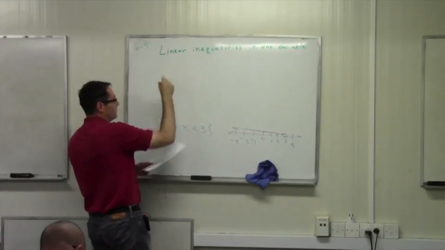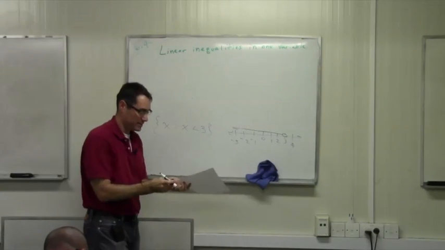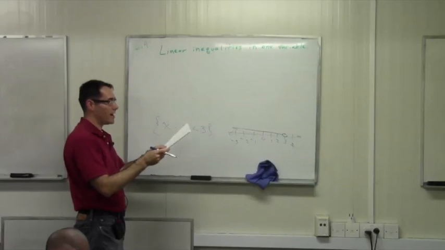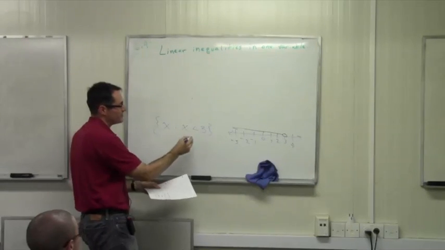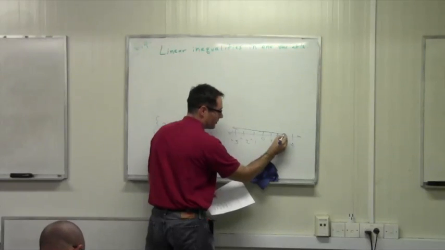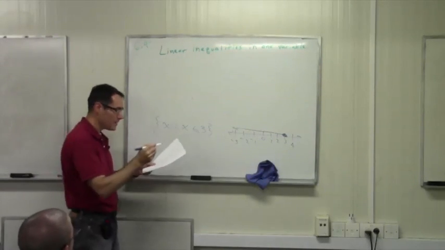I can go back to blue for now. If I just make this x is less than or equal to 3, all I do is fill in the little dot there.